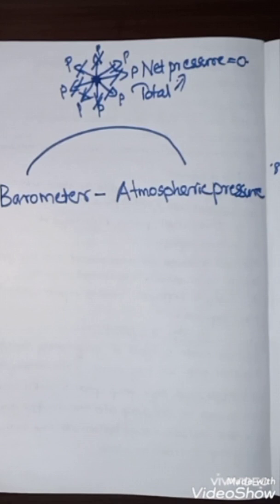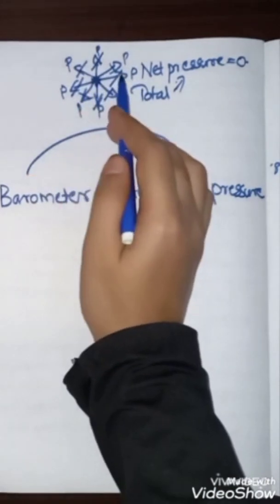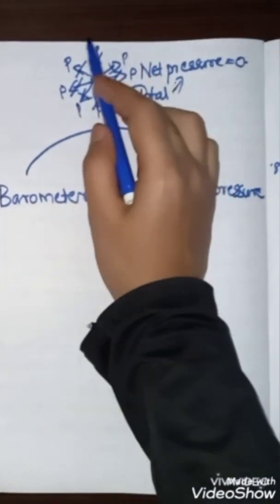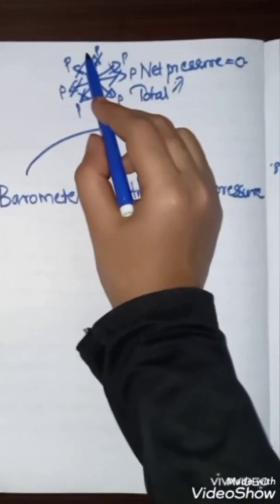Why does not our head get crushed by the huge pressure of 225 kilogram? That is, the pressure exerted by the points above the earth's surface is equal in all directions, so it is cancelled. So here the total pressure will be 0.